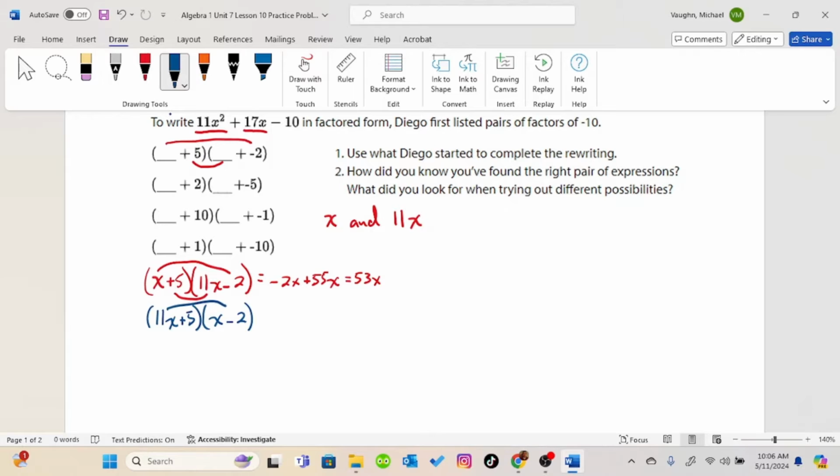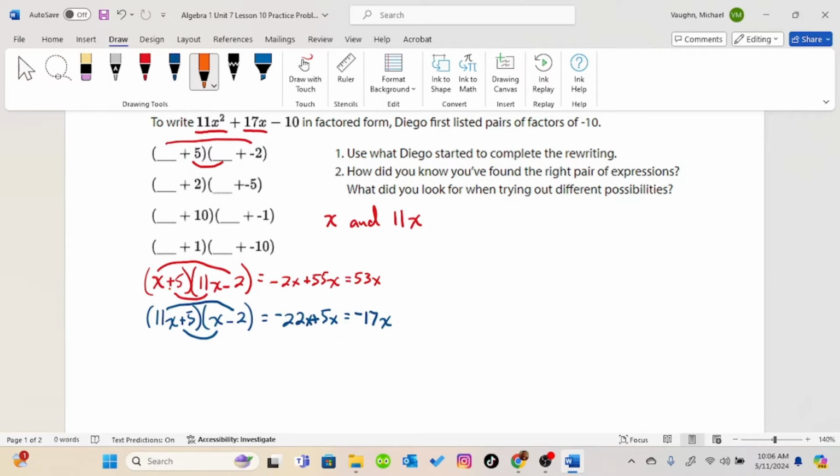Now we would have negative 22x plus x, or plus 5x, and this is going to give us negative 17x. But we need positive 17x, so it can't possibly be the first choice.